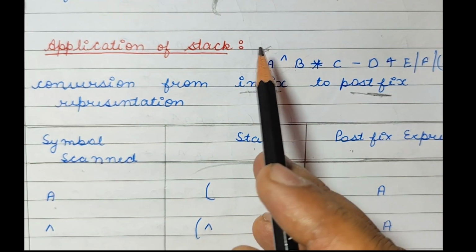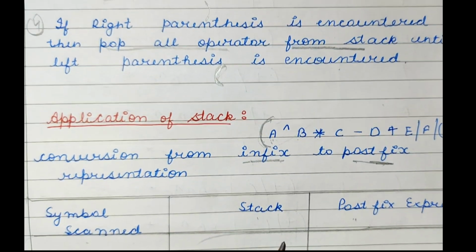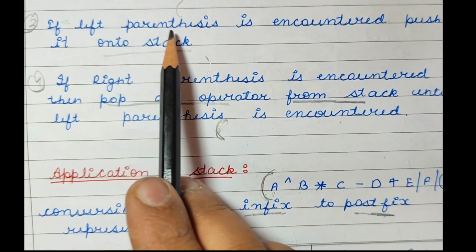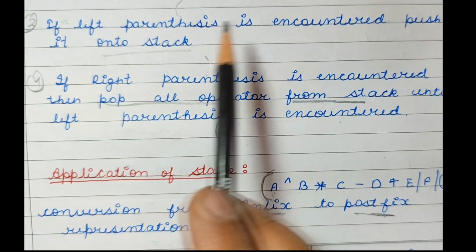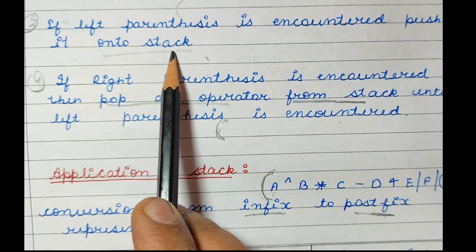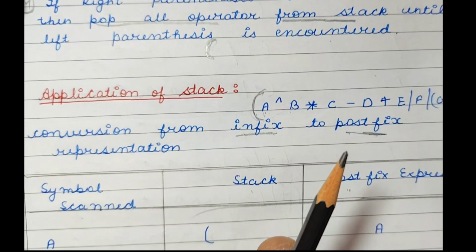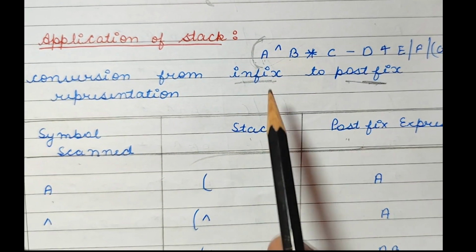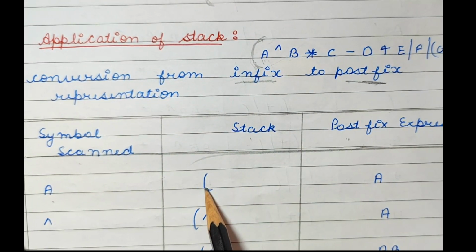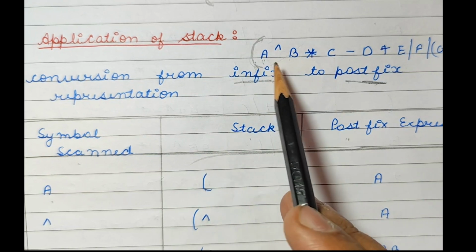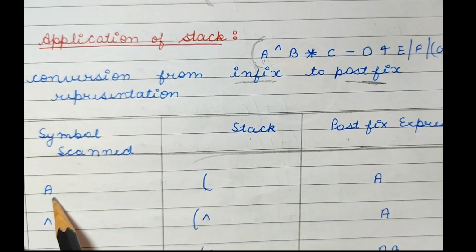So rule number 3 is, if a left parenthesis is encountered, push it onto the stack. So here a left parenthesis is encountered, so I push this left parenthesis in the stack. And then we have capital A, so we write capital A.